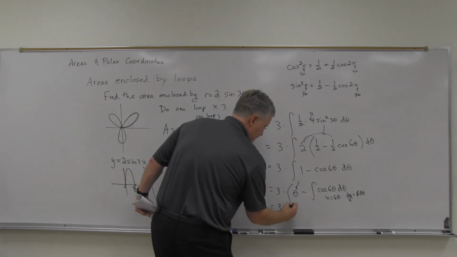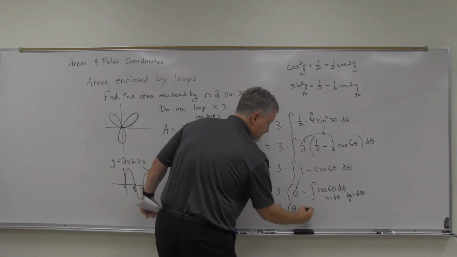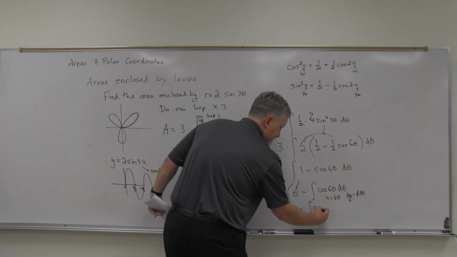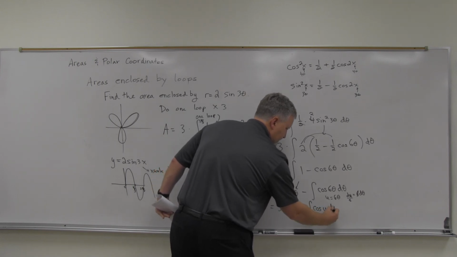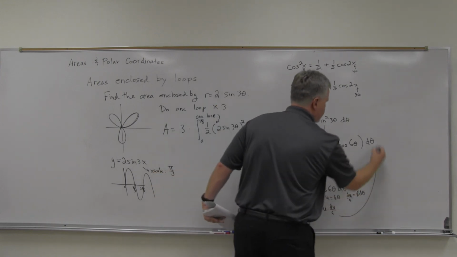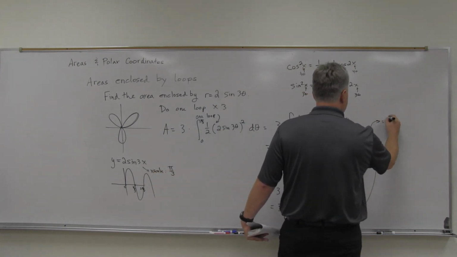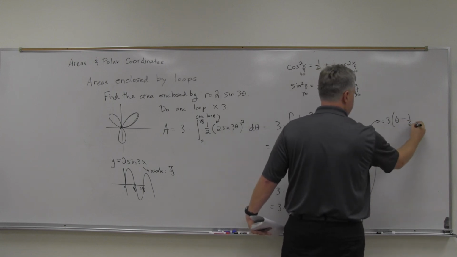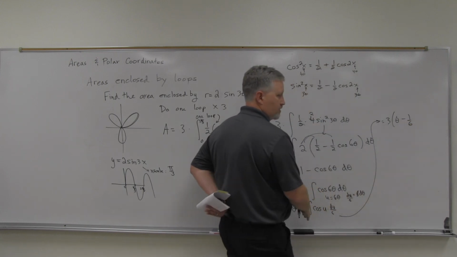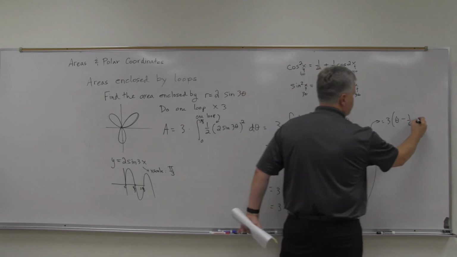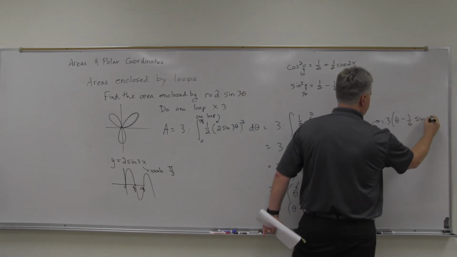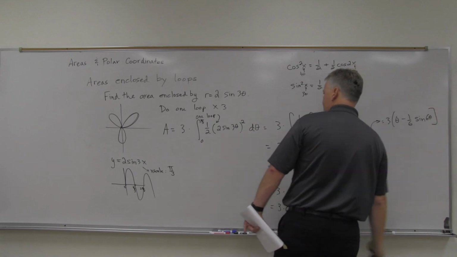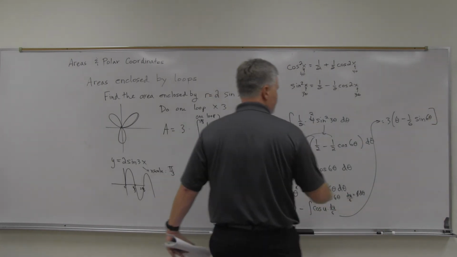That gives me theta minus, it's going to be cosine of u times du over 6, so that's just 1/6 cosine of u. So we've got 3 times theta minus 1/6 times the antiderivative of cosine, which is sine of u, but u is 6 theta. And I'm going to go back to my limits, 0 to pi over 3.